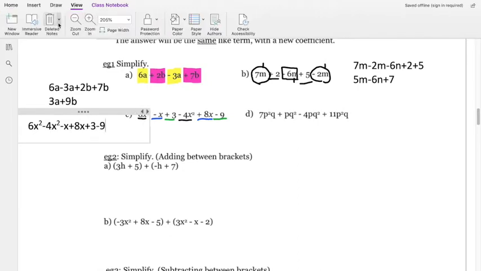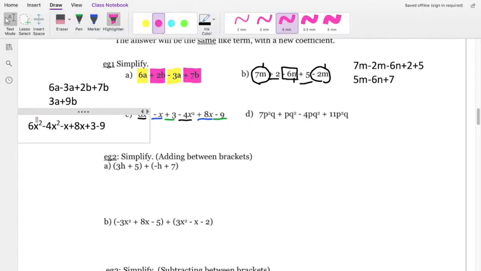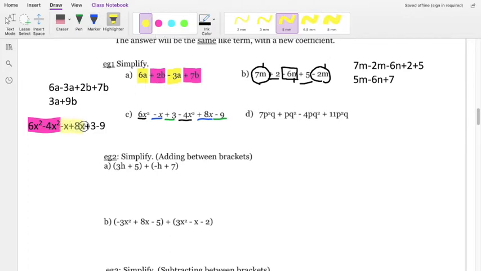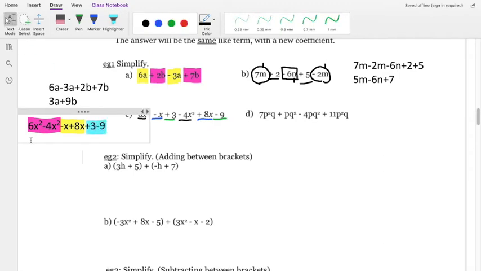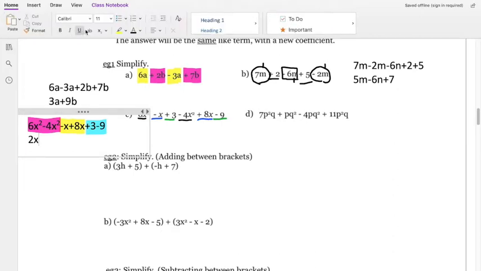So if I look at this, my combining is these two sets together, then these two sets together, then these two together. So we end up with 2x squared, and that's going to be plus 7x minus 6. Okay.